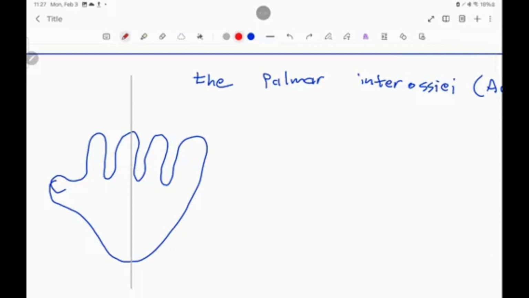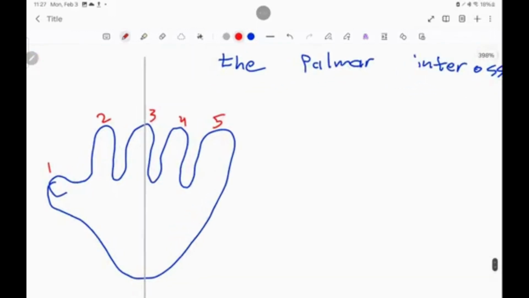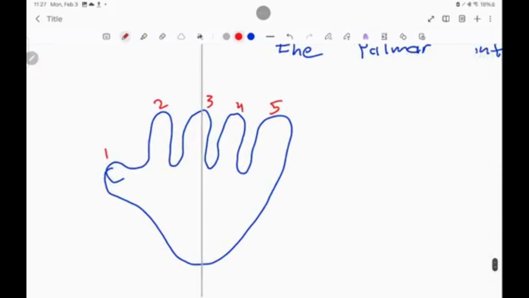So where can we find the palmar interossei? Here is finger number 1, 2, 3, 4, 5, and as we said, the middle finger has no palmar interossei. For the thumb and the index, it will be on their medial aspect. Why is it on the medial aspect? Because when they adduct, they are going to move to the right, like this, to the medial side.